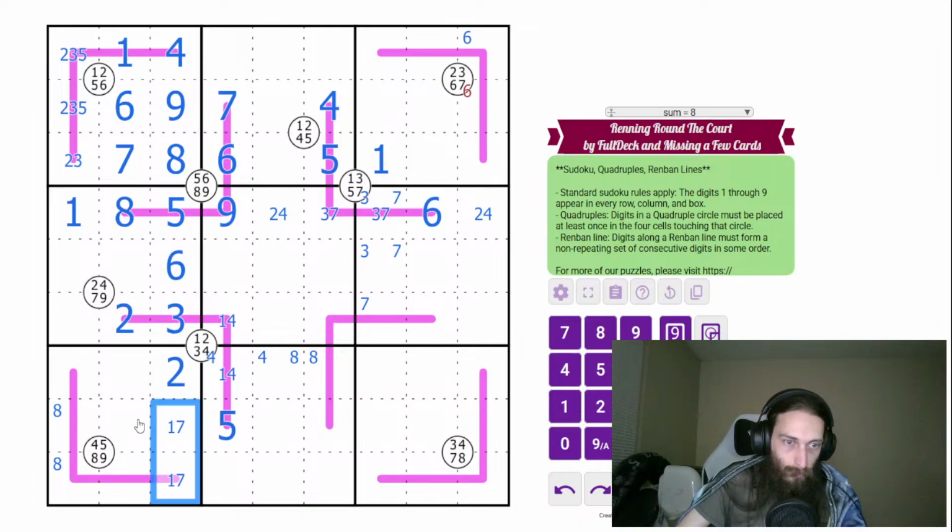Cool. And in box 7, the 1, 7, at the end of the Renban can't be a 1 because it's going to have an 8 on it, and you can't get to 1. So there's also going to have to be a 6 on there.